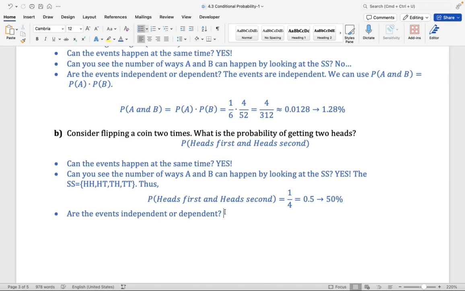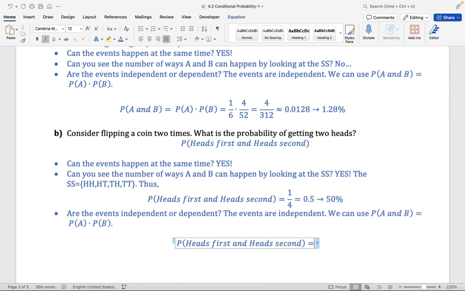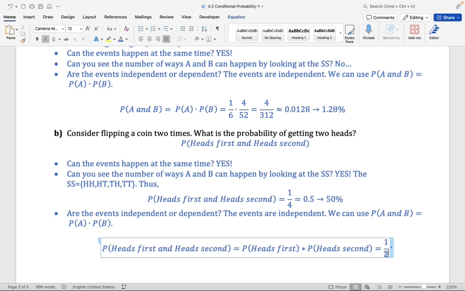That means we can use the probability of A and B equal to the probability of A times the probability of B. If you're using the multiplication rule, you will ask yourself, what is the probability of getting a heads first times the probability of getting a heads second? So let's start with the first flip. If you flip the coin, what is the probability of getting a heads? That is 1 out of 2. Okay? One outcome is a heads out of the 2 outcomes.